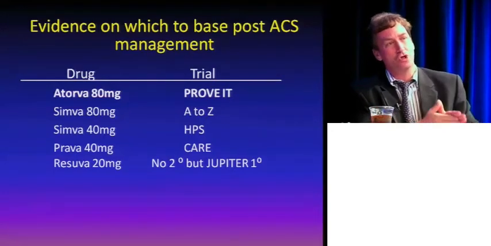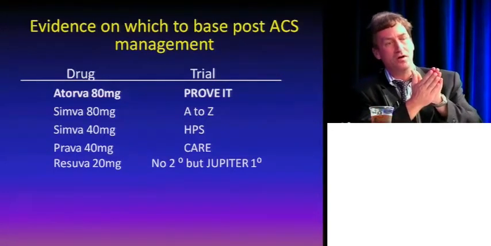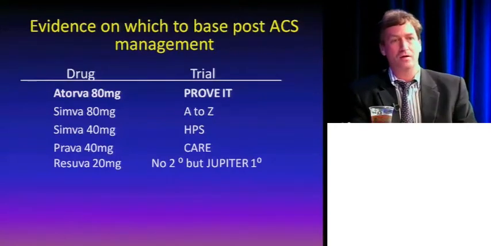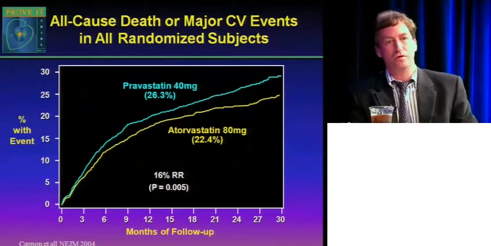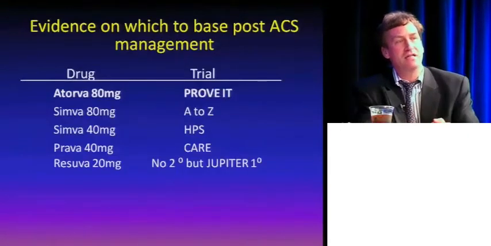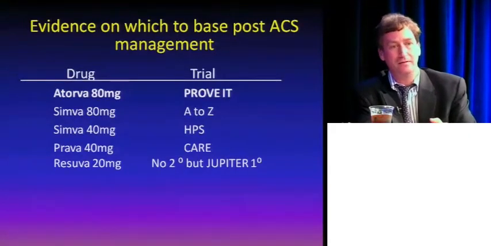In the first 6 months, no difference at all. Whereas in PROVE-IT, as you saw, there was almost immediate divergence of the two curves. The comparator in the simvastatin trial was simvastatin 20 rather than 80.